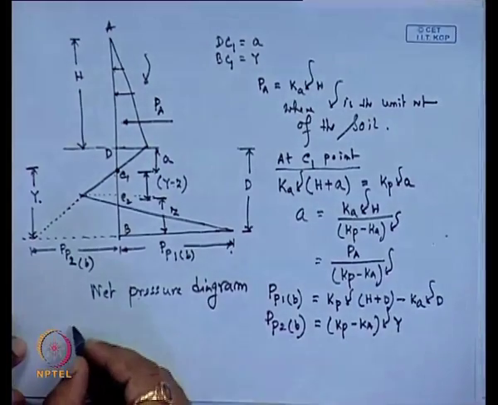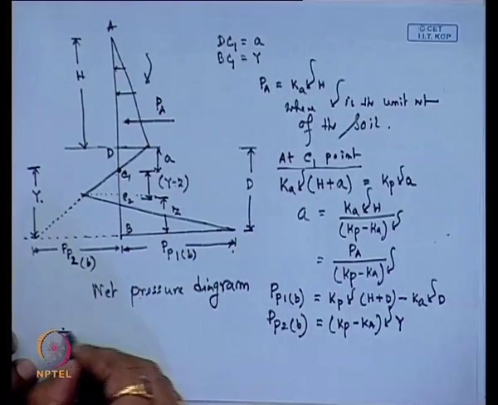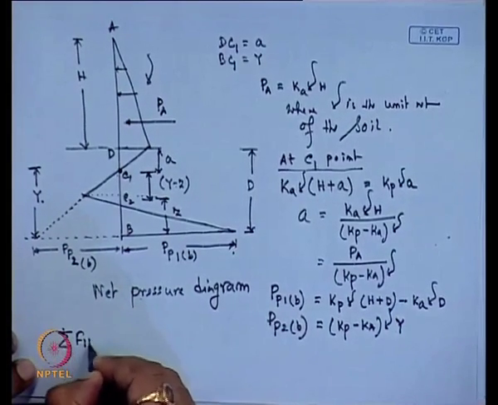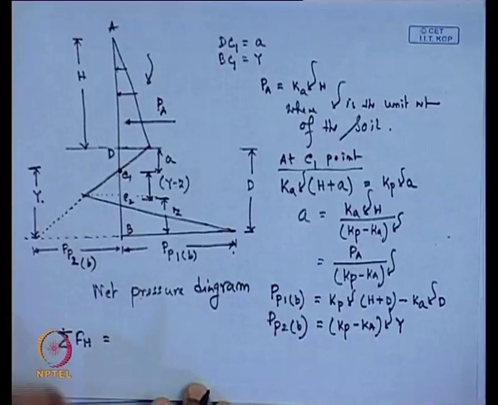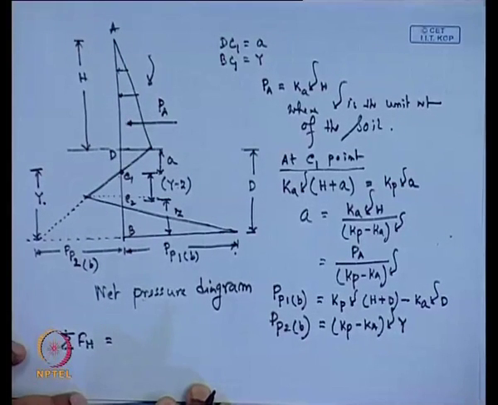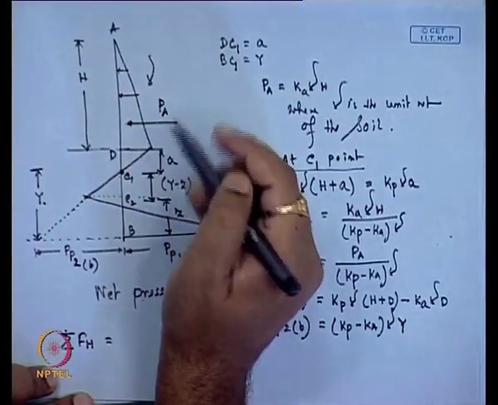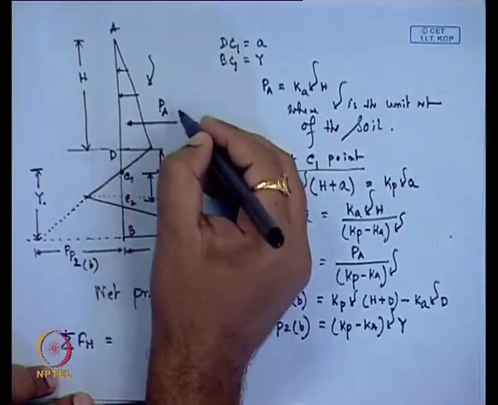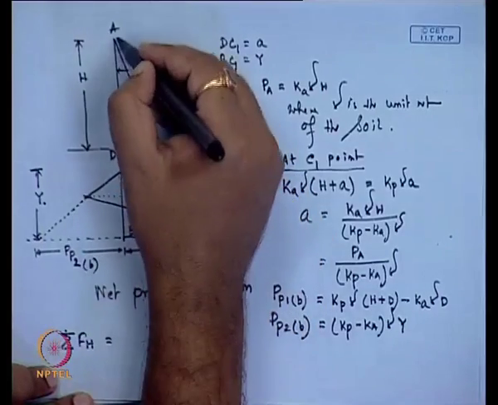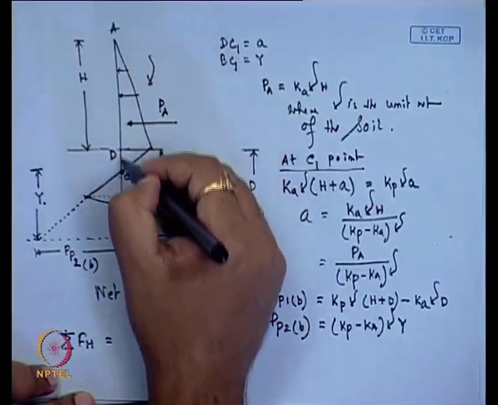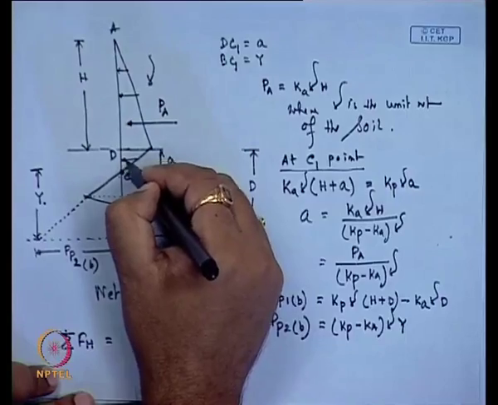Now, we will start to calculate the forces, F H. What is F H? What are the forces that are acting here? Now if I consider these things in three parts, this P A is the net pressure, this is the total pressure for this portion.